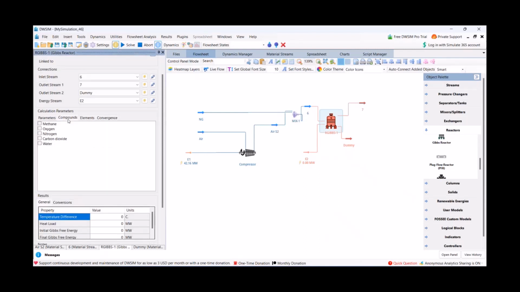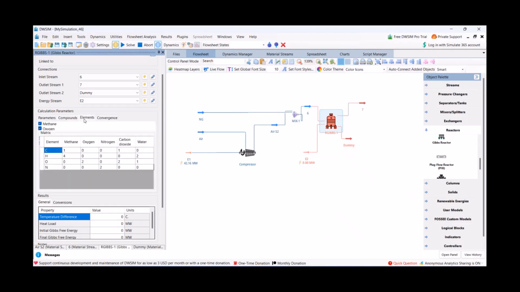Now for compounds, we need all the components here. And if you are using, for example, other components which we have not included here, then you have to select them accordingly. Elements again, they are fine, and then we will solve it.